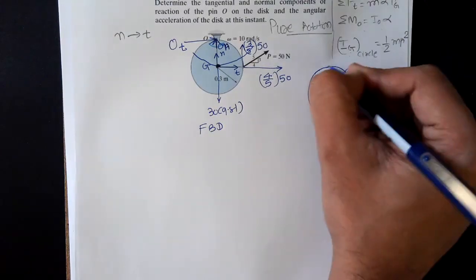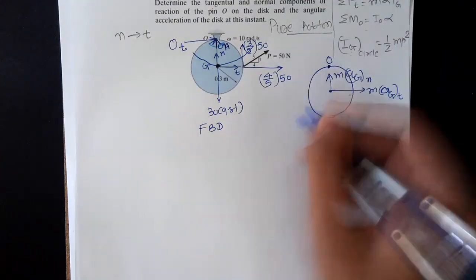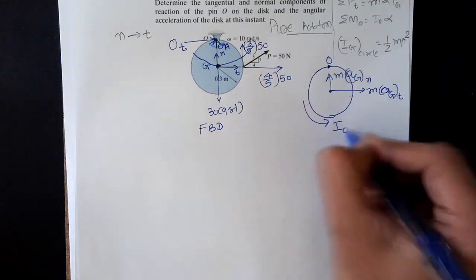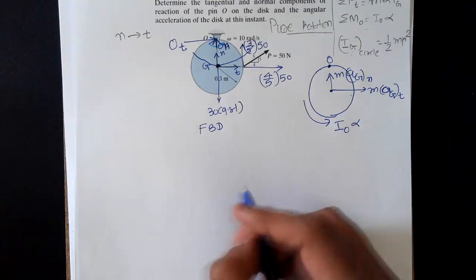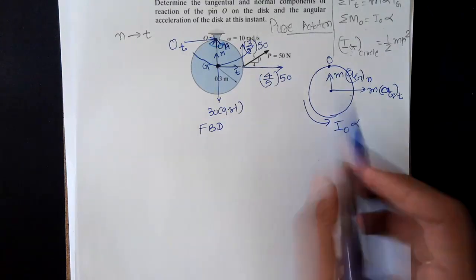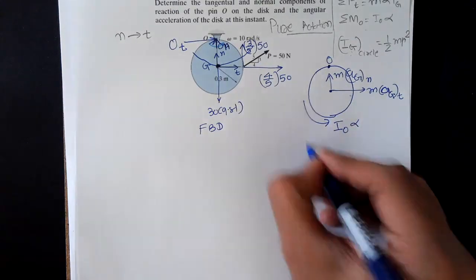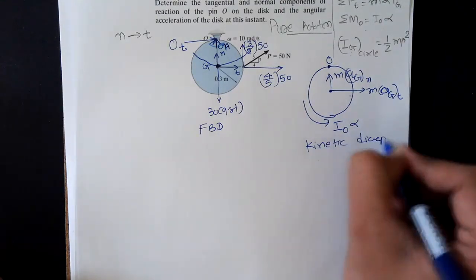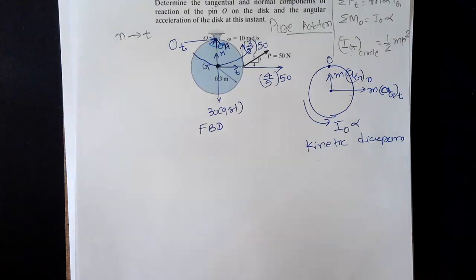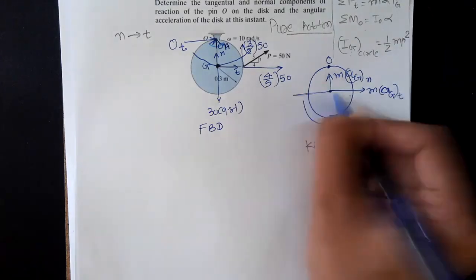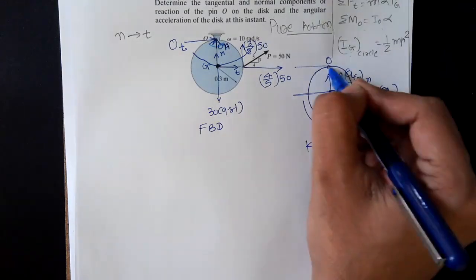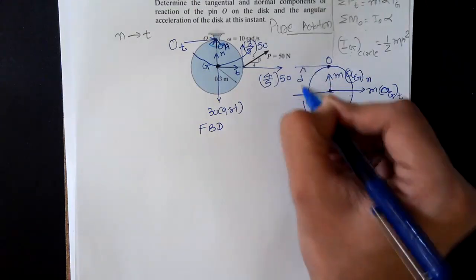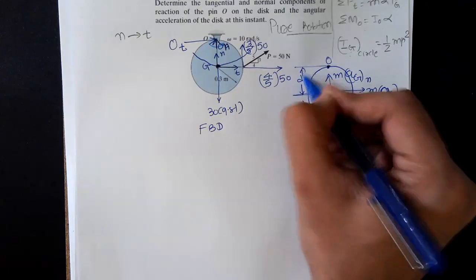Okay, and this is our point of rotation, point O. And then this disk has rotation about O, so it has some mass moment of inertia about O, which is I0 alpha. And this is our kinetic diagram. Okay. One thing to remember here is the distance between the point O and center of mass of the disk is called d, which is this distance.